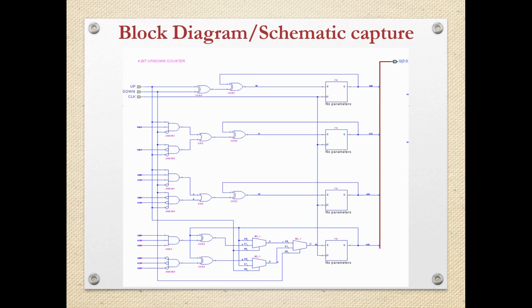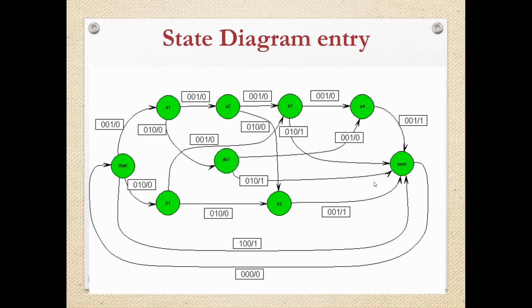In this slide you can see one of the schematics, and this schematic includes various logic gates, flip-flops, which are the memory elements, and different multiplexers. These are available in this tool. We can select those components and interconnect them to prepare the schematic, and with the help of that we can do the schematic entry.